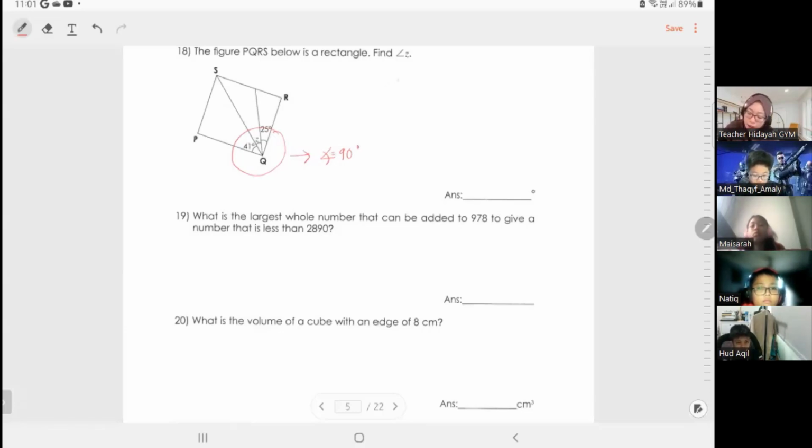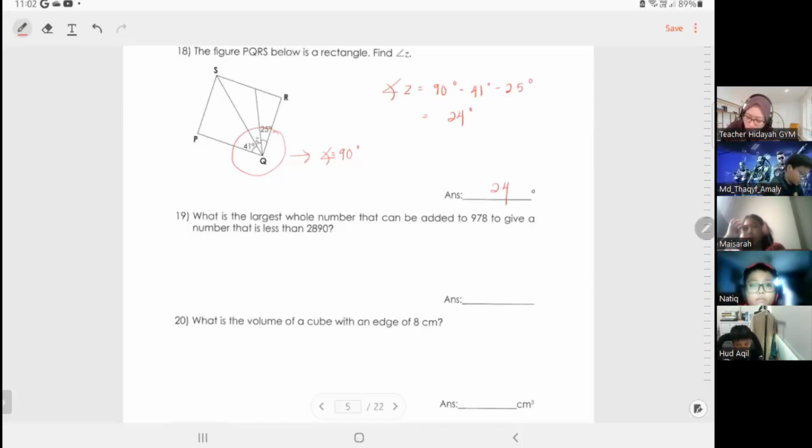So to find angle Z, you just take your 90 degrees, take away what's given, 41 degrees minus 25 degrees. You have to minus properly since you're not using a calculator. Be very careful with that. Usually students will lose marks because of their calculation, not because they do not know. Careless mistake in their calculation. Okay, so answer is 24 degrees.